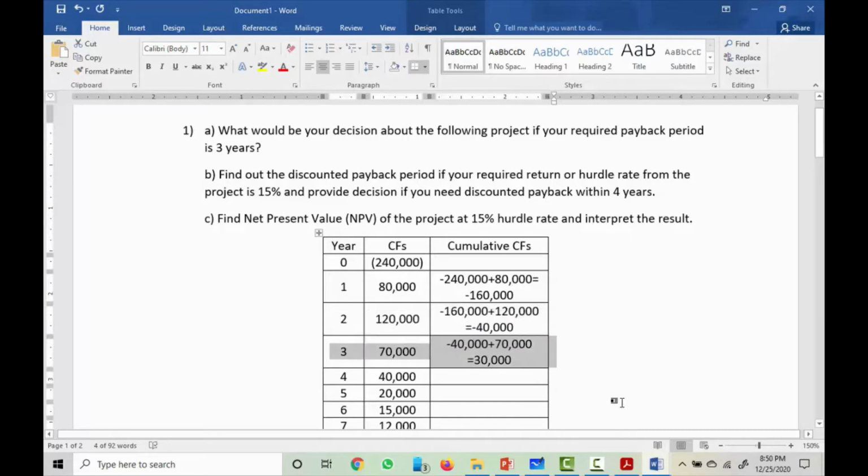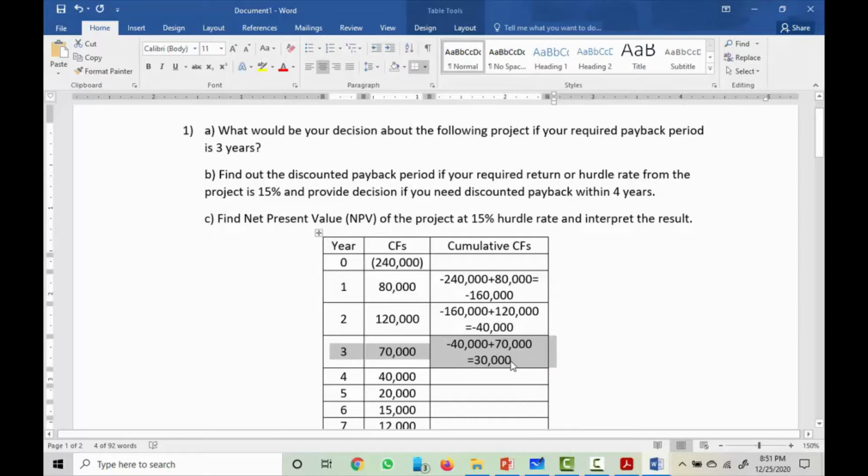But in the third year, we are getting 70,000 taka cash flow. So which means we will get our 40,000 taka cash for our payback and a 30,000 taka surplus from the project.